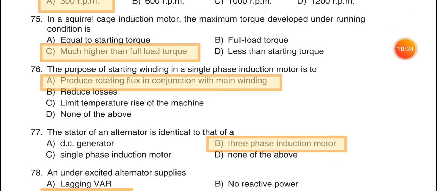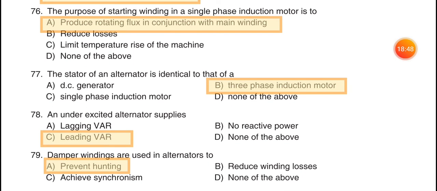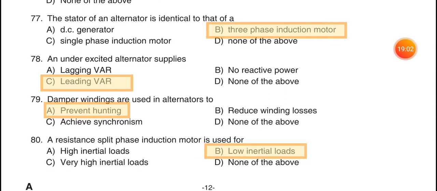75. In a squirrel cage induction motor, the maximum torque developed under running condition is option C, much higher than full load torque. 76. The purpose of starting winding in a single phase induction motor is to option A, produce rotating flux in conjunction with the main winding. 77.